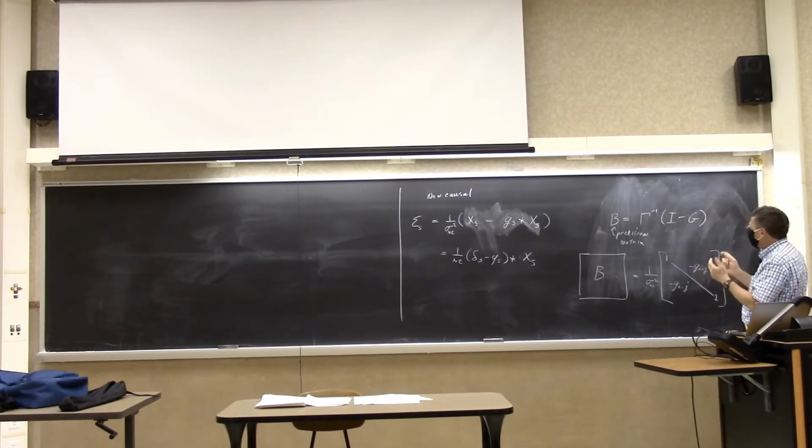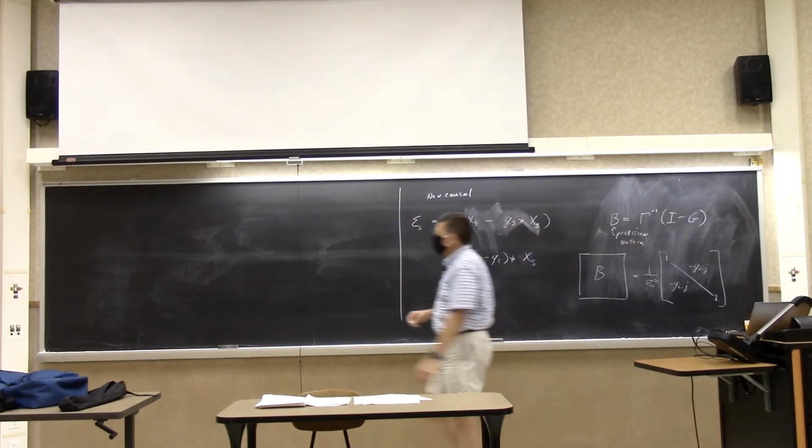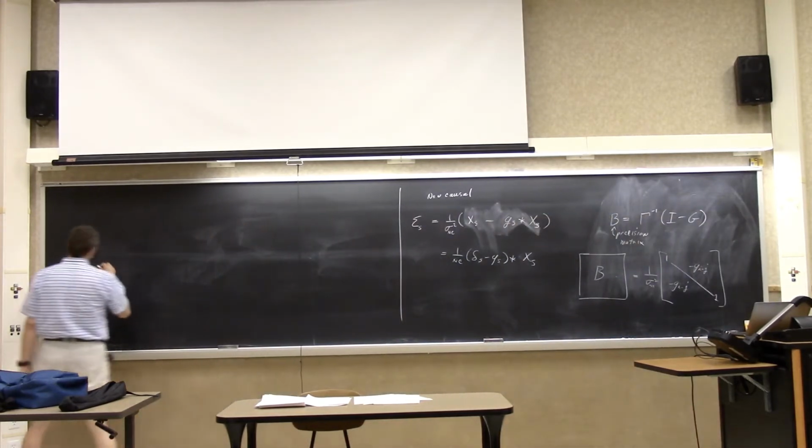So the point is that if you look at this matrix, the off-diagonal elements are the prediction coefficients. A typical structure for this matrix, in 1D, might look like this.